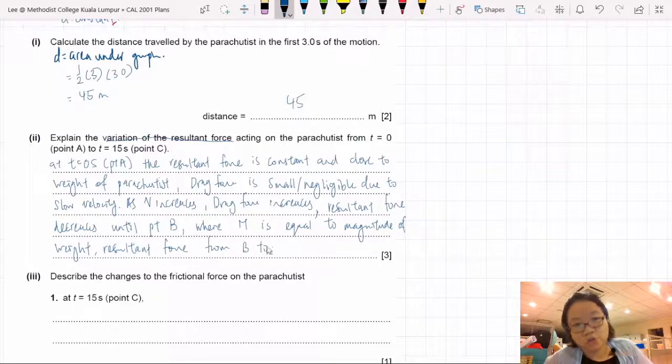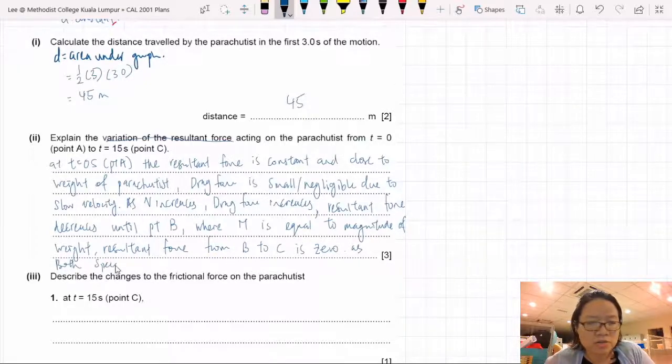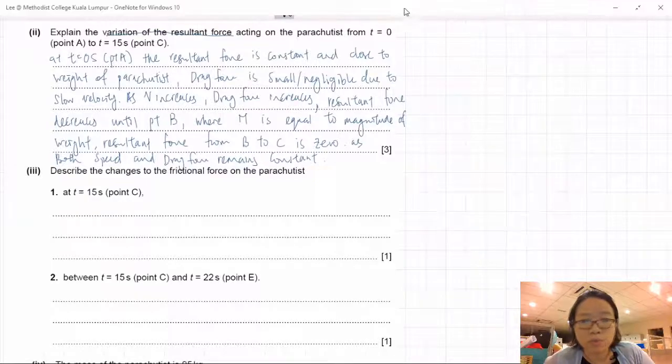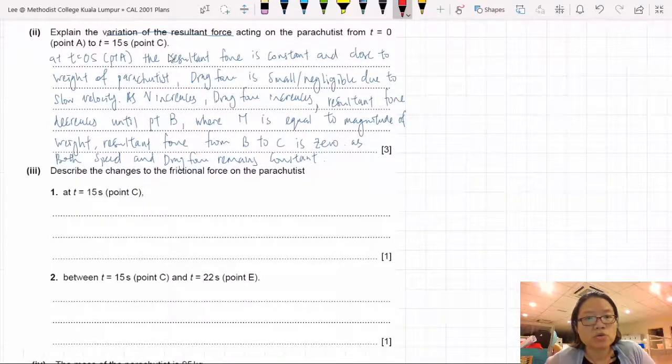So when drag force is equal to the magnitude of weight, resultant force from B to Z is 0. So my sentence could be made better if I just add a point at point B, drag force is equal to the magnitude of the weight. All right. So resultant force from B to Z is 0 as both speed and drag force remain constant.